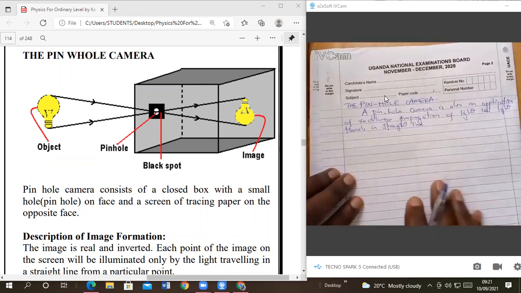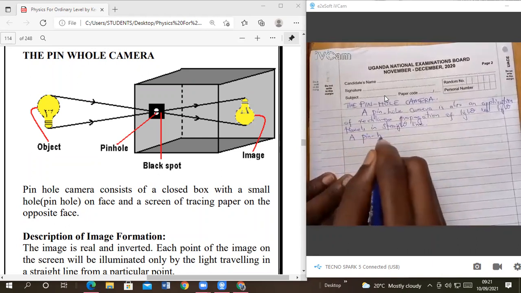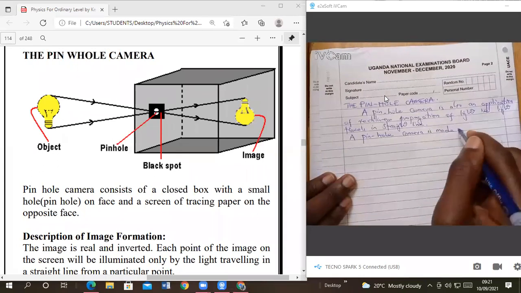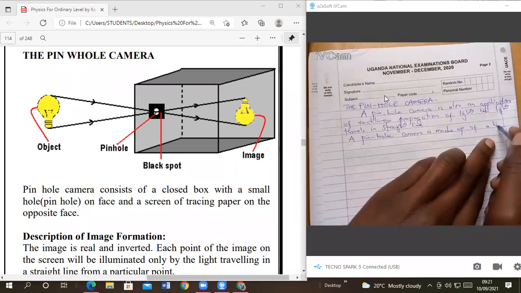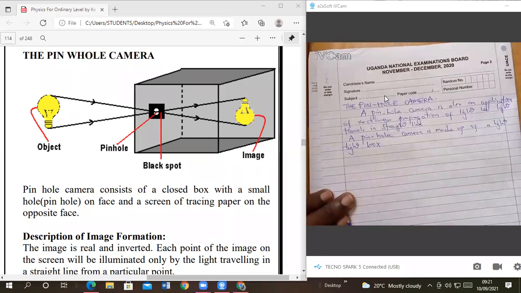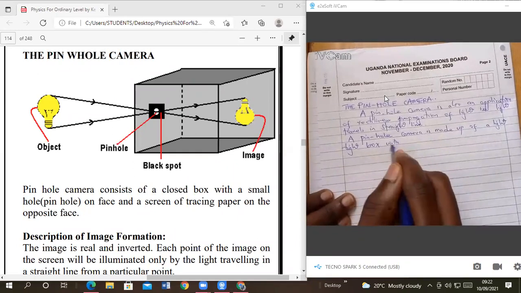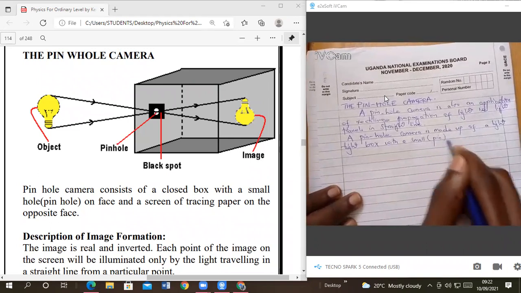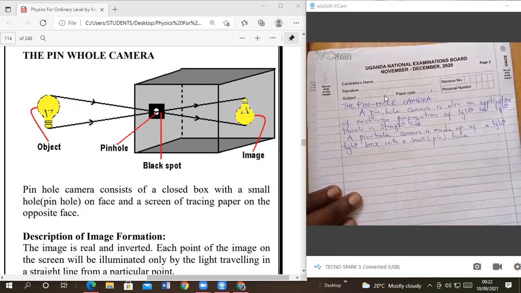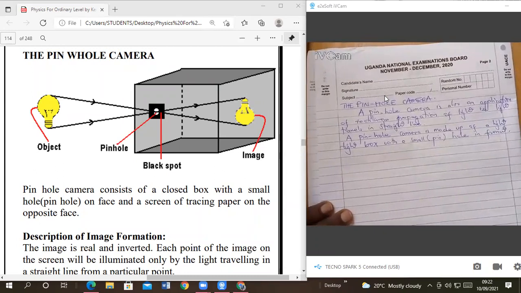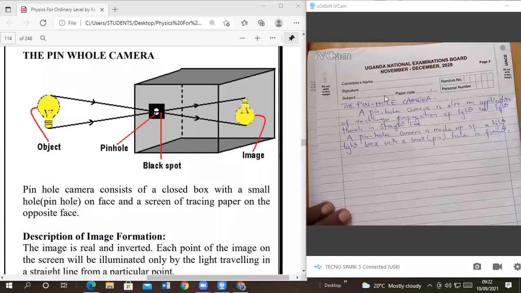A pinhole camera is made up of a light-tight box with a small hole, a pinhole, in front.